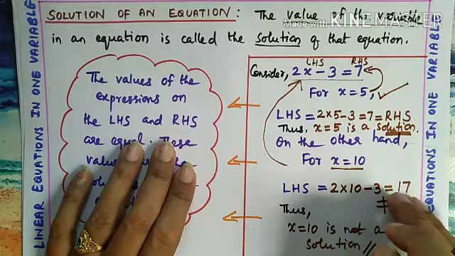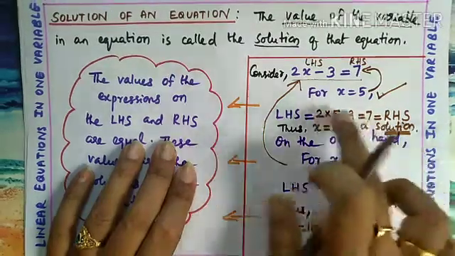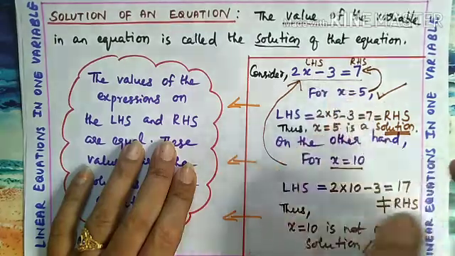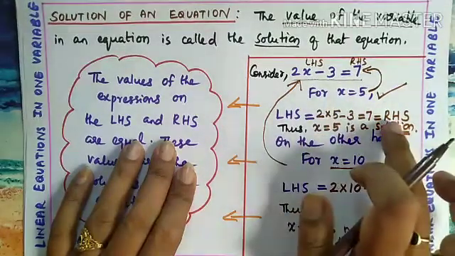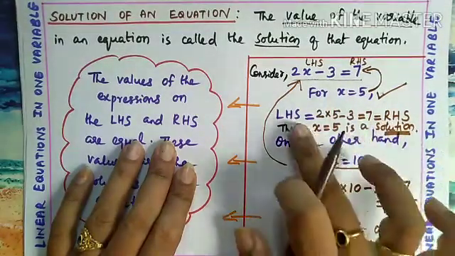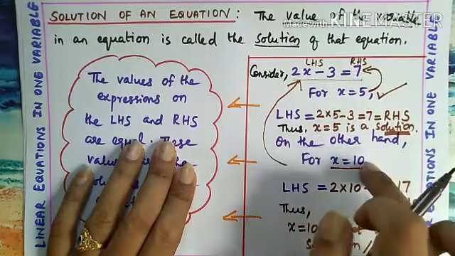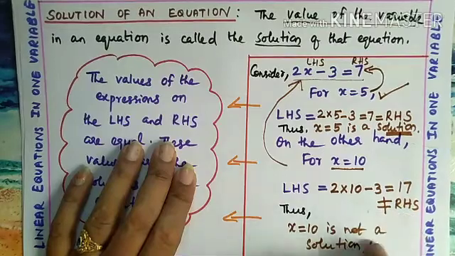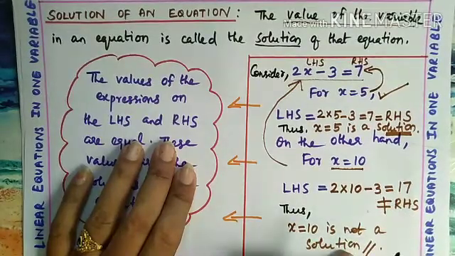Okay children, so this is a small check about how we conclude whether the value of the variable satisfies the given equation or not. If it satisfies, meaning LHS is equal to RHS, it is a solution. If LHS is not equal to RHS, it is not a solution.